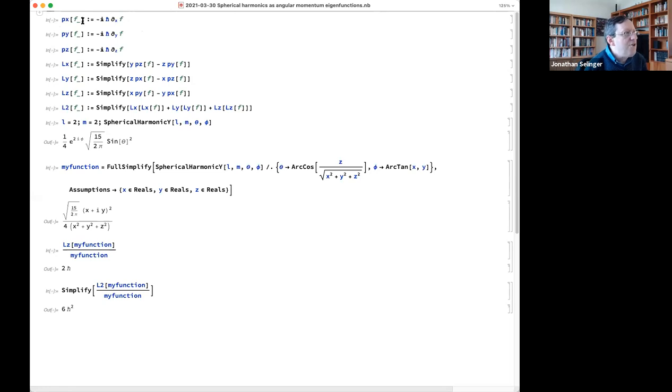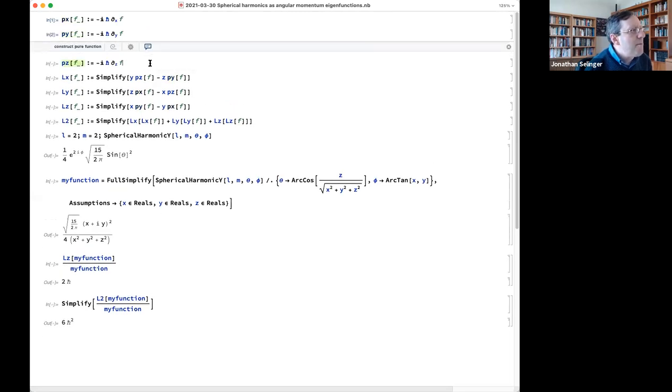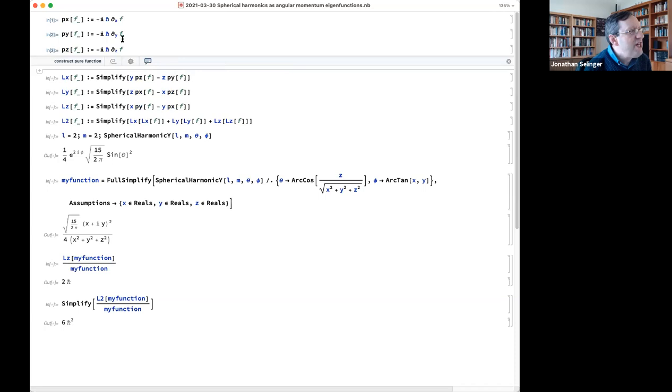I'll start with the linear momentum. For linear momentum, I have operators px, py, and pz, which just calculate negative i h bar times the derivative with respect to x of the function, or the derivative with respect to y, or the derivative with respect to z.